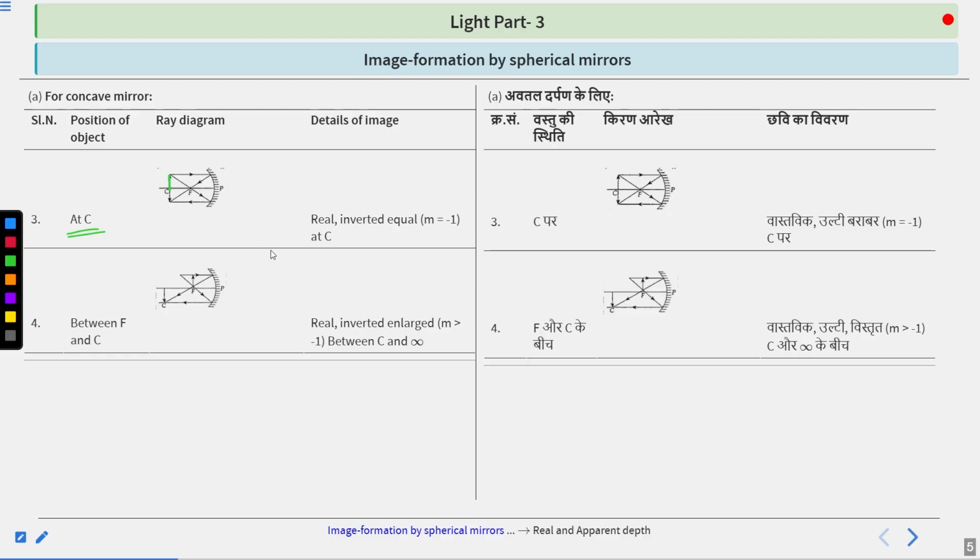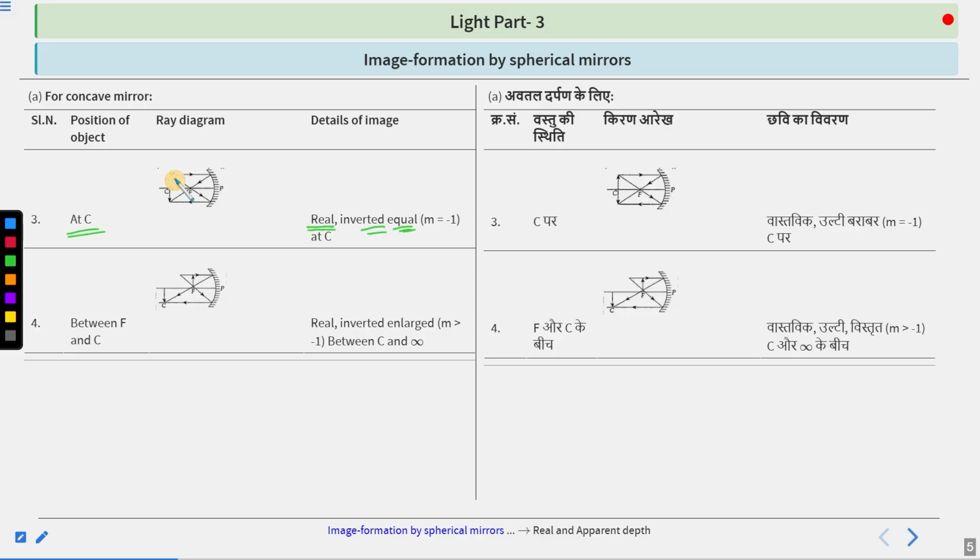And what kind of image will be formed? Real, because it is forming before the screen, not beyond the screen. Inverted and equal. Now what is the meaning of inverted and equal? In the previous case the image was inverted because the image was real, but the image was of smaller size. The object was of larger size, the image was of smaller size.